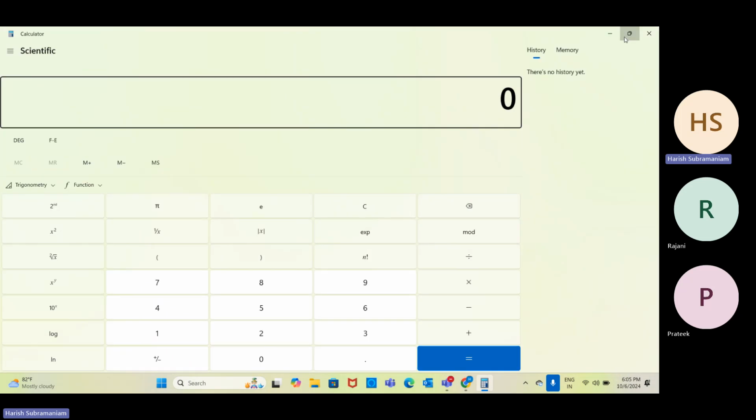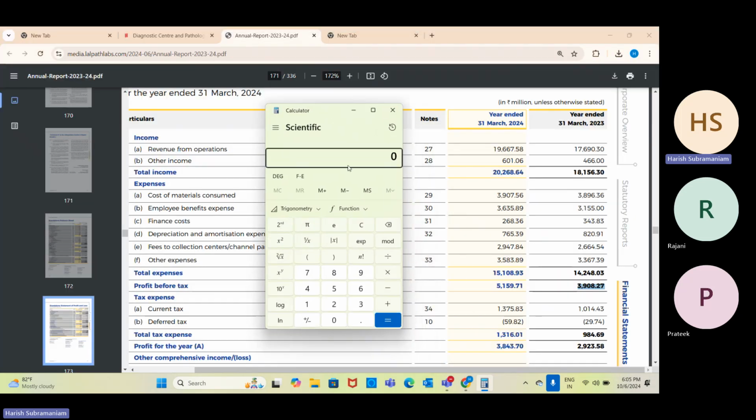So one of the things that is typically done when we look at any P&L statement is we do a comparison in terms of what is the growth. So if we look at the revenue, right? The revenue has grown by approximately 11.63%, right? That is the growth we have. Similarly, if we look at the profitability, it has grown by 32%.